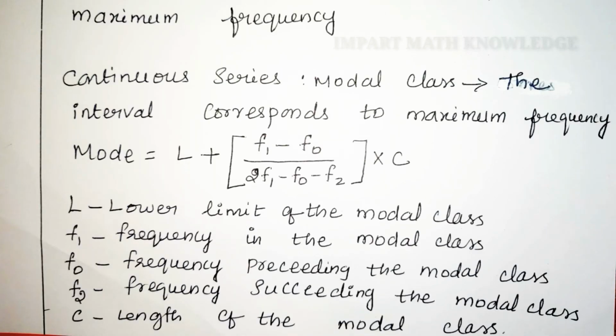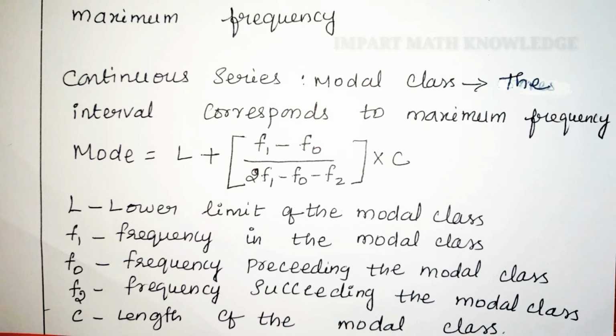In the continuous series, first we have to find the modal class. The modal class is determined by the inspection method, that is, the interval which corresponds to the maximum frequency. After that, we have to find the mode using the formula.